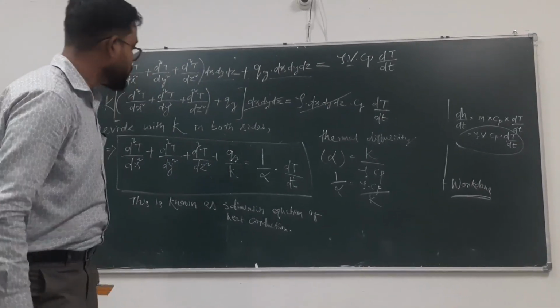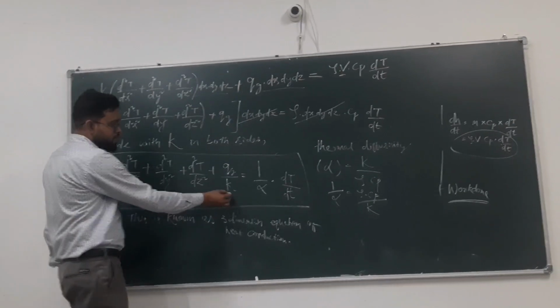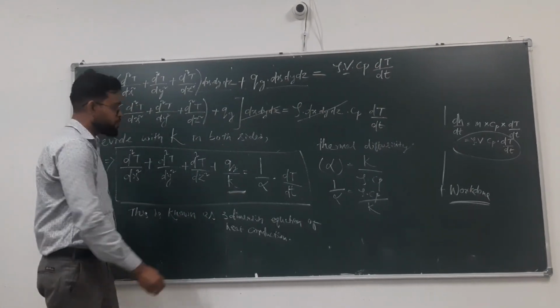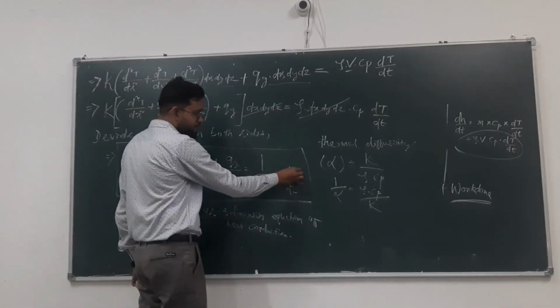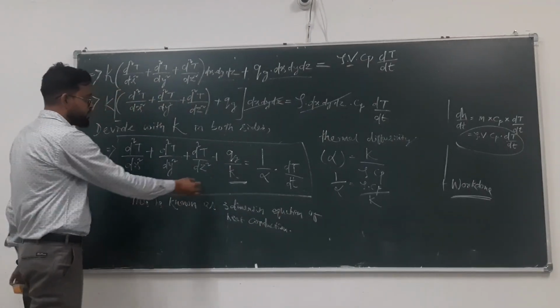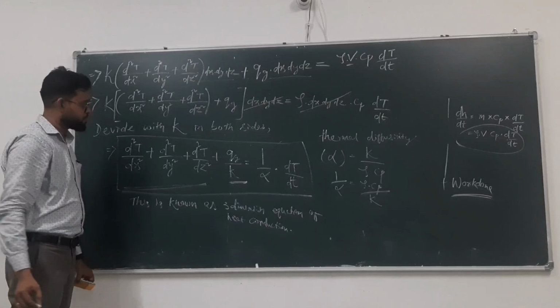Now, here what are the components? This is the heat generated inside the body. Okay. This is the change in temperature with respect to time. And another, these are the three values in three directions.